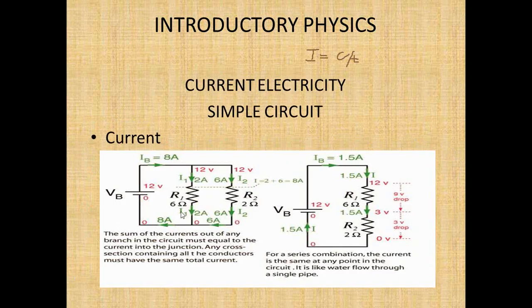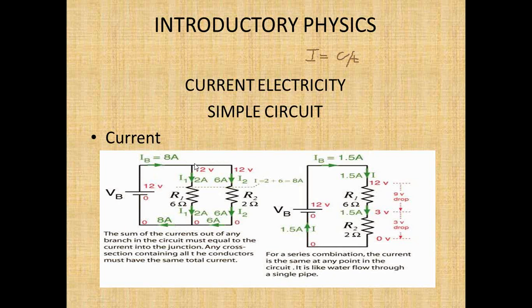So if you look at this circuit, this is your battery right here. Low potential terminal 0, high potential terminal 12. Your current is going to move from the high potential terminal to the low potential terminal. So the current here is 8 amperes, or 8 amps.